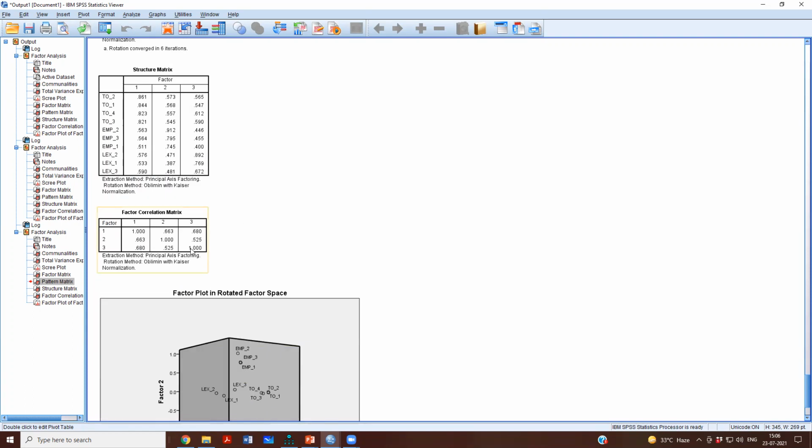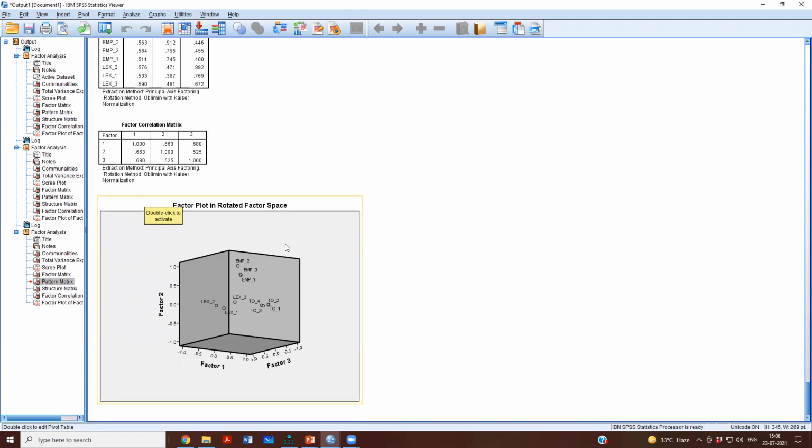When I report the factor correlation, I do see that they are correlated, which is okay. That is what I was also expecting, and that is the reason we had done oblique rotation, and the factor correlations are these.